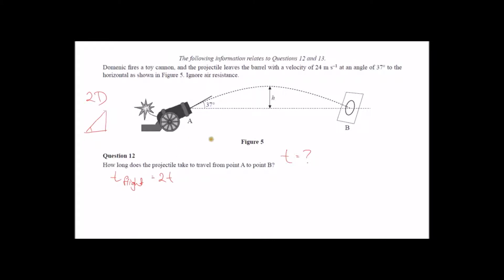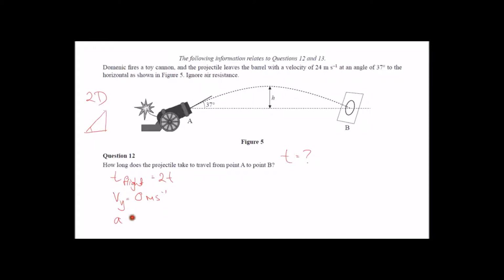Now I just need to think about some other information that I know here. I know that the final velocity in the vertical plane, which I'll call Vy, is going to be 0 meters per second, because that's what happens when you get to the top of your flight. I'm trying to find t.